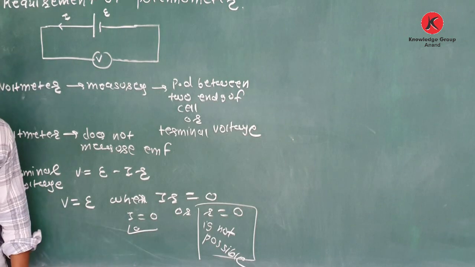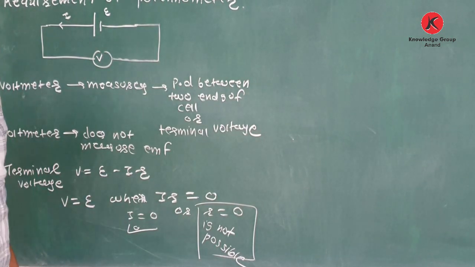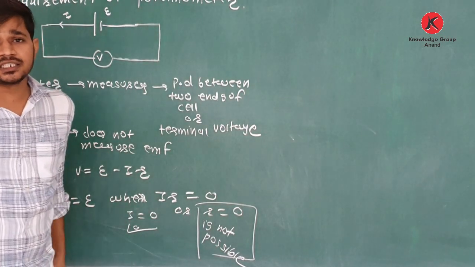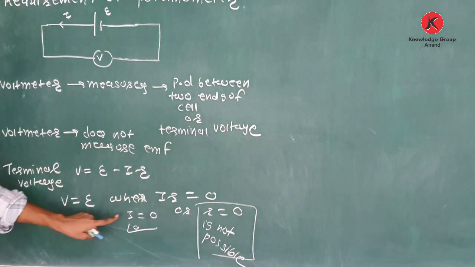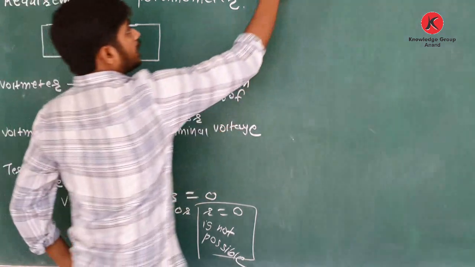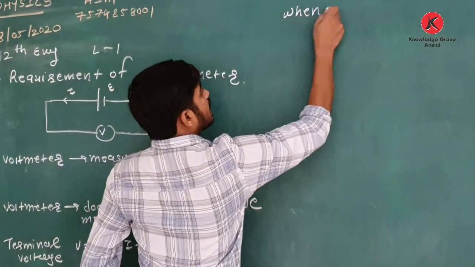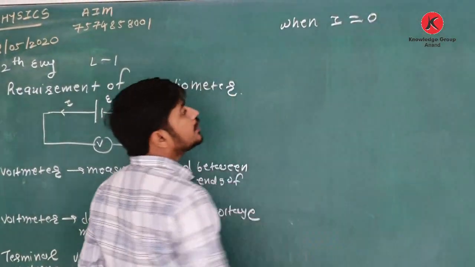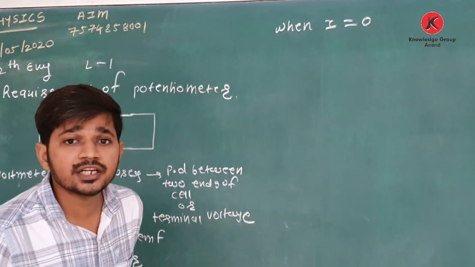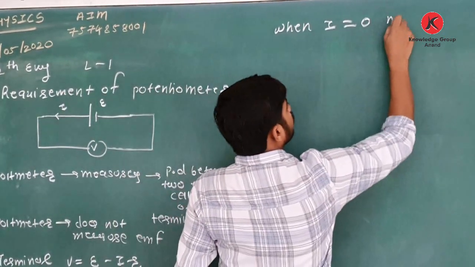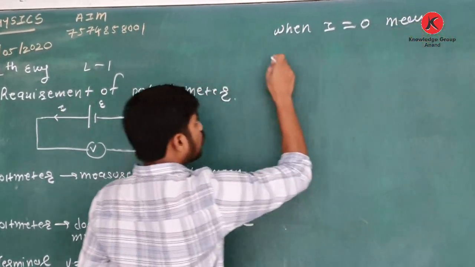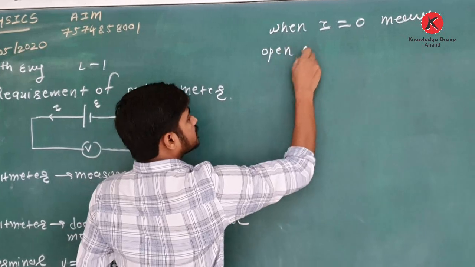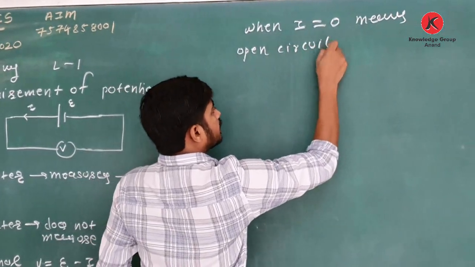And when I is equal to 0, remember the theory of cell, EMF and internal resistance: when I is equal to 0, it is called open circuit condition.